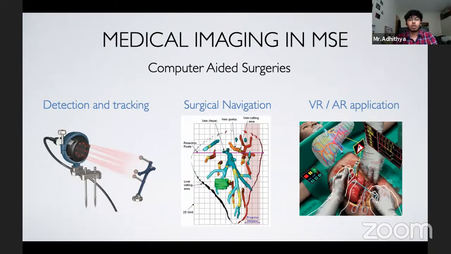So one of the applications which is in research and development in our university is, so we have CT scans, and we have CT scan 3D data as slices, like it's multiple slices.